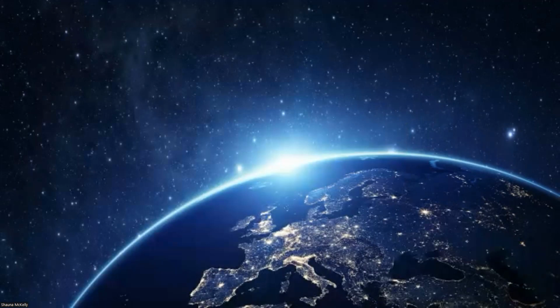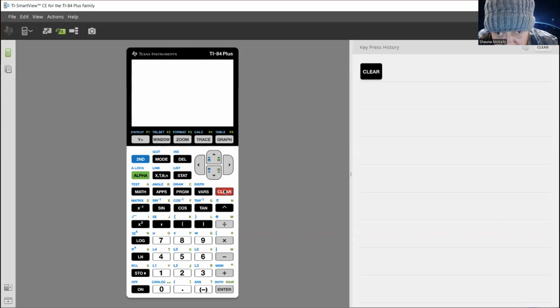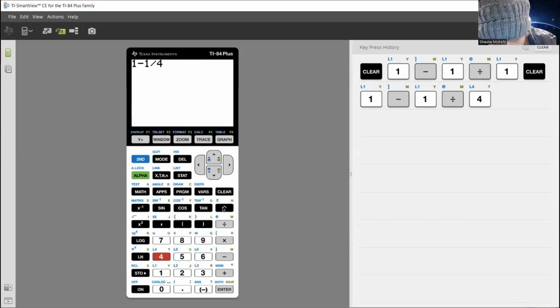And I'll show you where we get the calculation from. So I have 1 minus 1 over 16, or if you'd like, 1 minus 1 over 4 squared. You can either use the caret symbol here, or you can use the x squared key. I'll use the x squared key here. And this becomes 0.9375.